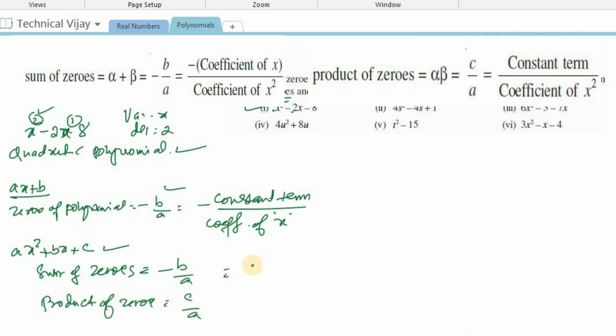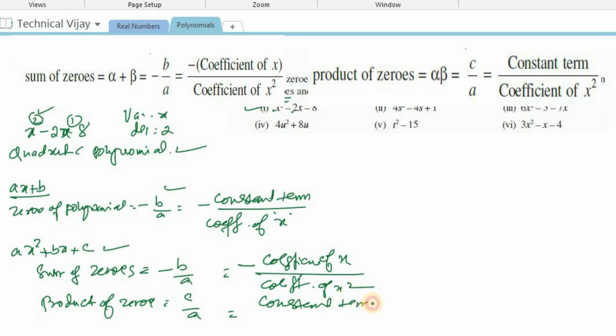That is, the sum of zeros is minus the coefficient of x divided by the coefficient of x square, and the product of zeros is equal to the constant term divided by the coefficient of x square. The denominator will be the coefficient of x square only.